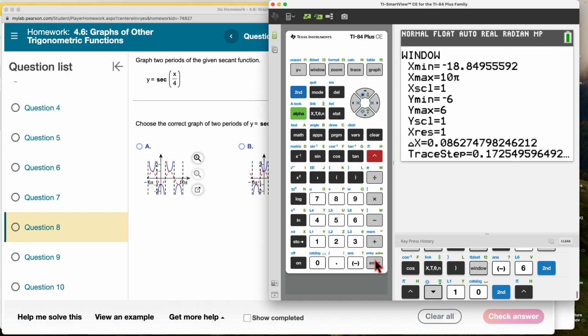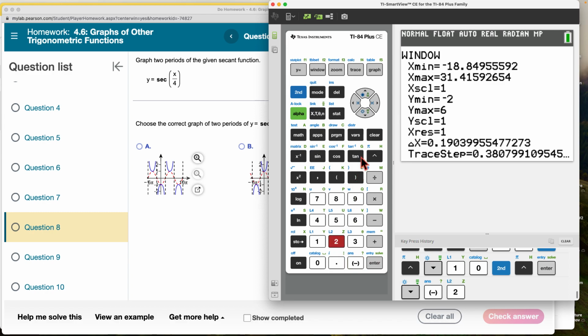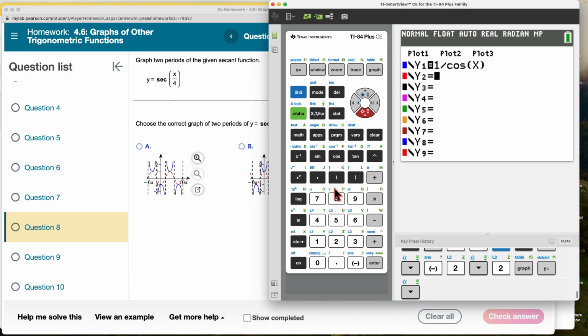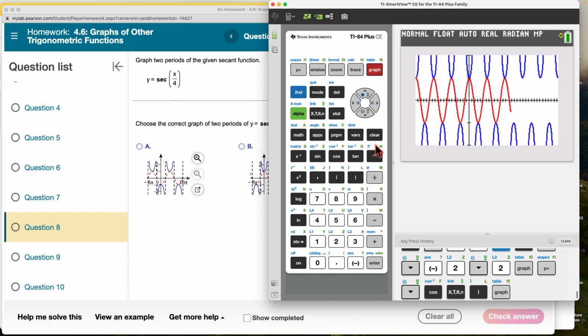And it looks like it's only going from negative 2 to positive 2. So again, this is the key part. If you do this, the rest, you'll just get chances to explore, and everything will work. That's what it's looking like. What they have graphed on these, remember, since it's coming from the cosine, if I graph it with the cosine, you'll see how it's a reciprocal of the cosine, right?